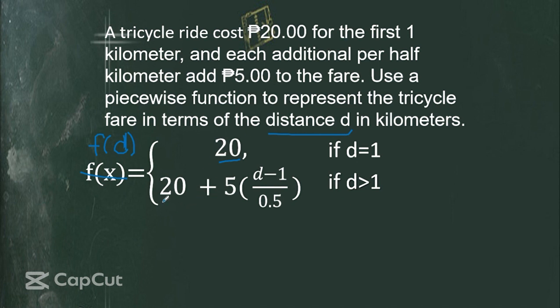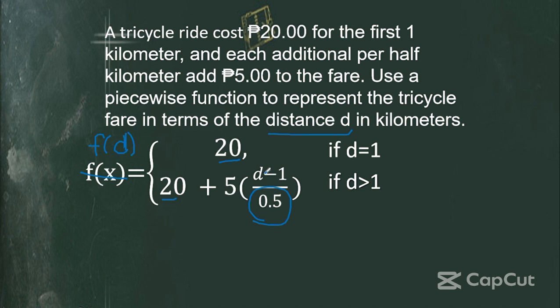It means that you need to pay for the first kilometer and then add 5 pesos per half kilometer, so 0.5, or you can use 1/2, times d minus 1.